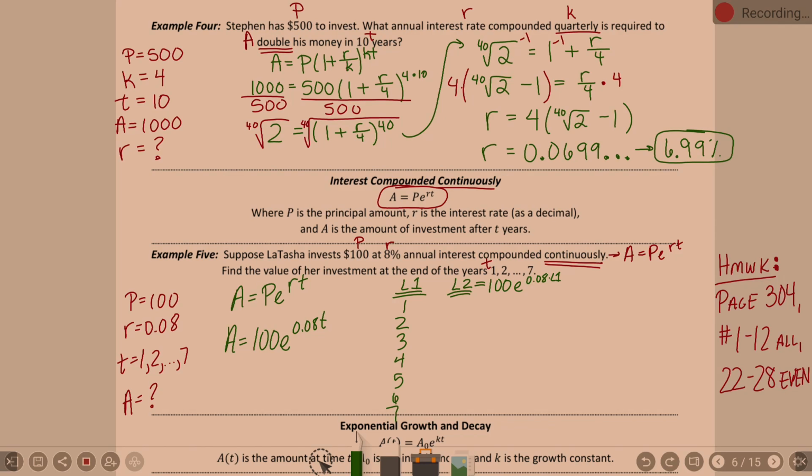Those are, so at the end of the first year, the value of her investment is $108.33. At the end of year 2, $117.35.